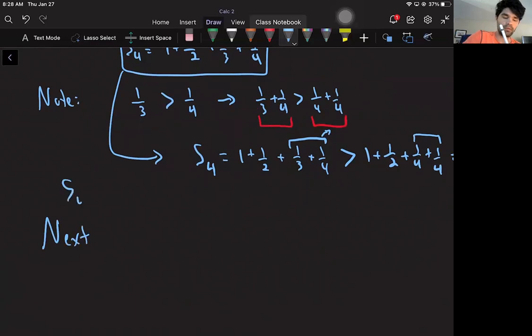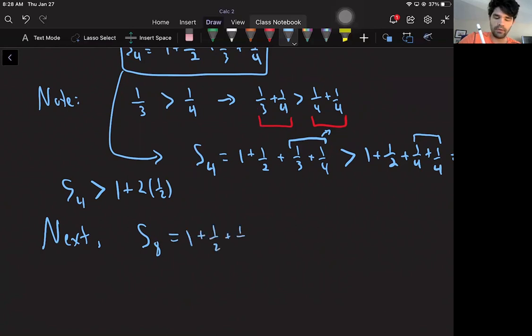So let me just summarize. S4 is definitely bigger than 1 plus 2 halves. And now we're going to say something about S8. So S8 is 1 plus a half plus a third plus a fourth, all the way down until you get to an eighth.